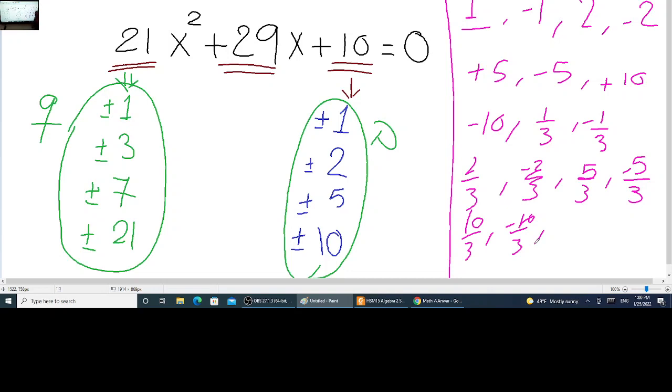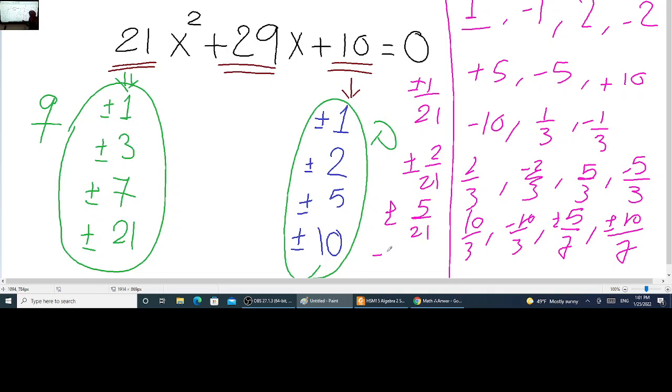5 over 7, or plus minus 5 over 7, plus minus 10 over 7, or plus minus 1 over 21, plus minus 2 over 21, plus minus 5 over 21, or plus minus 10 over 21.